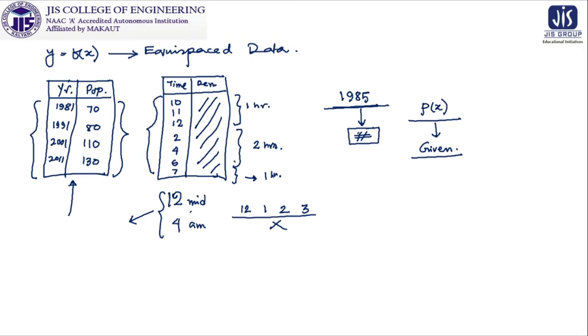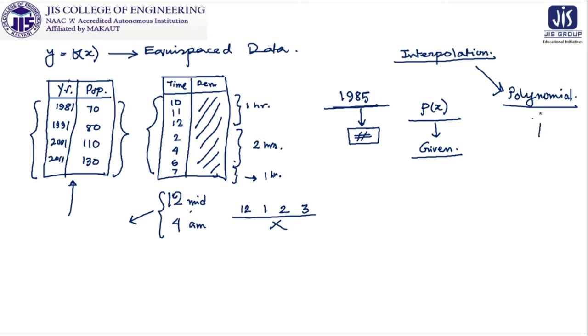We are now claiming this process for equispaced data as well as for unequispaced data. Maybe there are two different approaches, but the generalized name is called interpolation. And the fundamental criterion for a standard interpolation formula is that you find an interpolating polynomial by various means which will satisfy all the points which are given.